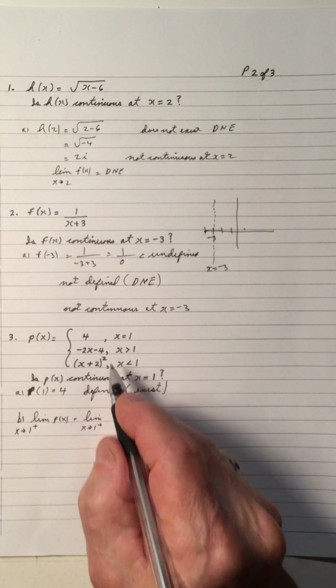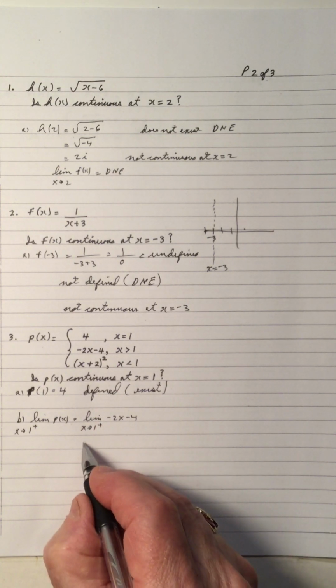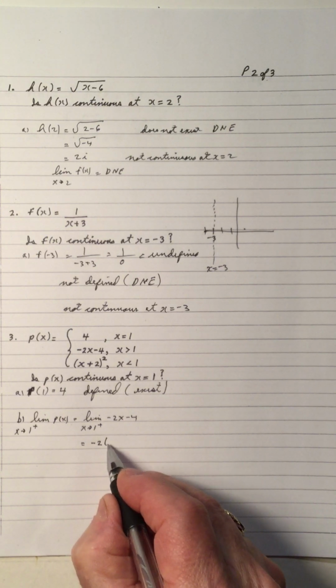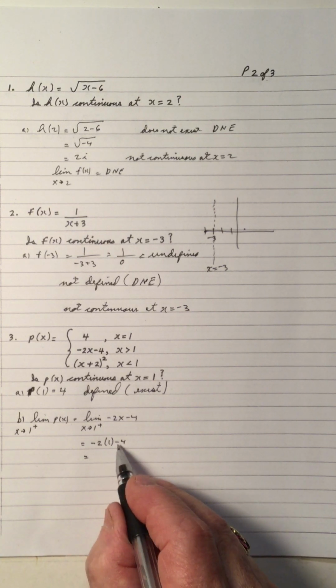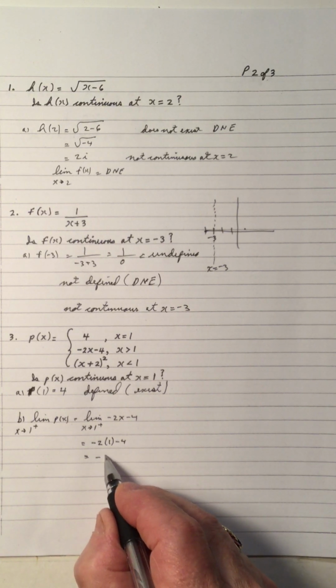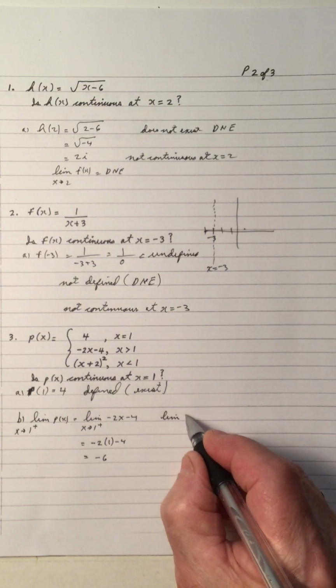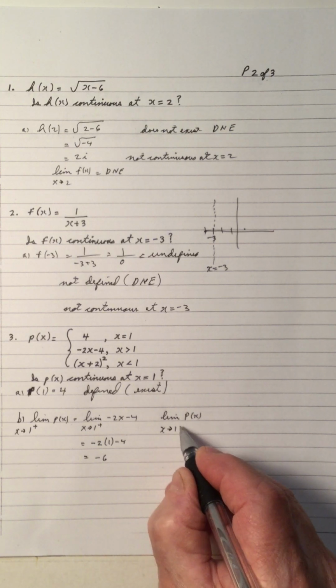Positive side is greater than 1, so that's negative 2x minus 4. That gives you negative 2 times 1 minus 4. So that's negative 2 minus 4, that's negative 6.